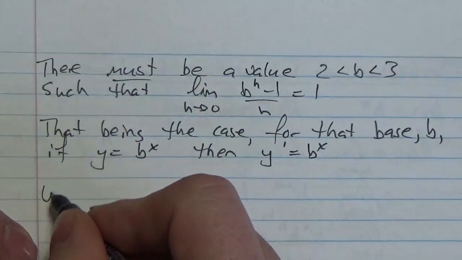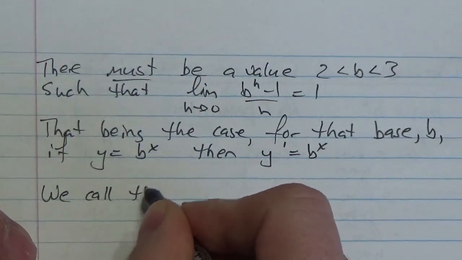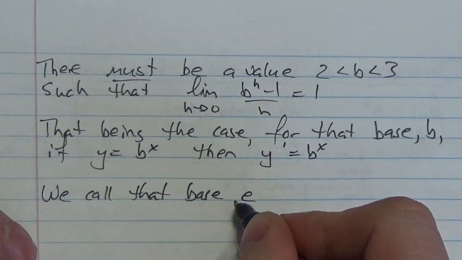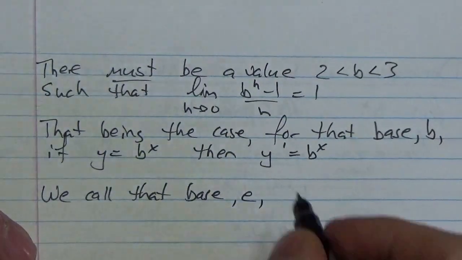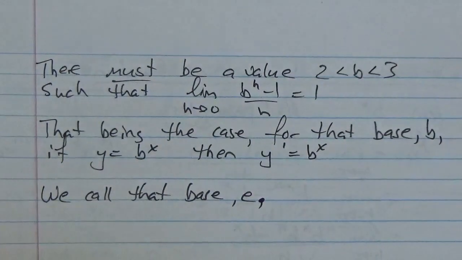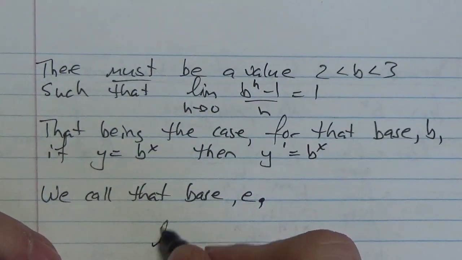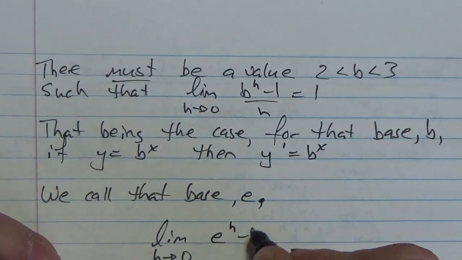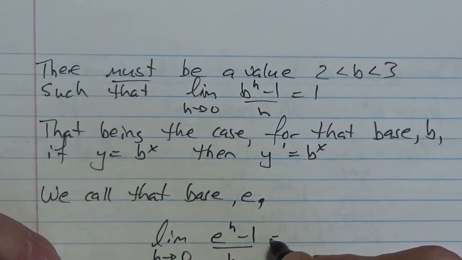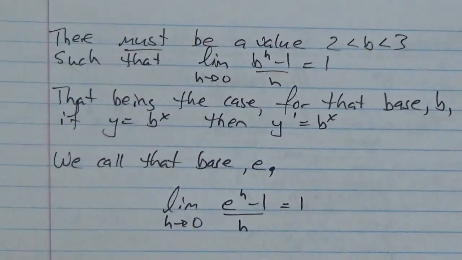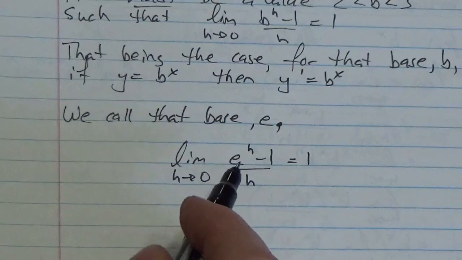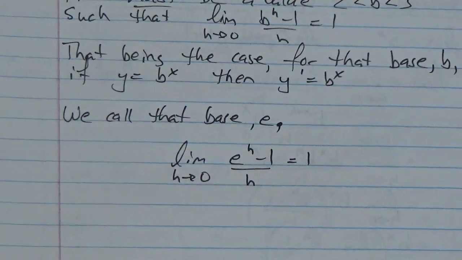And we call that base, drum roll please, e. e for Euler. So the limit as h approaches 0 of e to the h minus 1 over h is equal to 1. That is the defining property of this e right here.